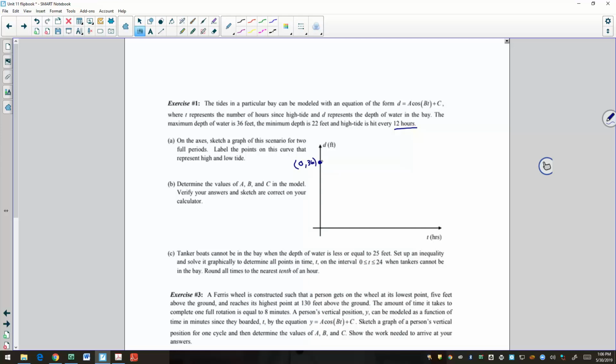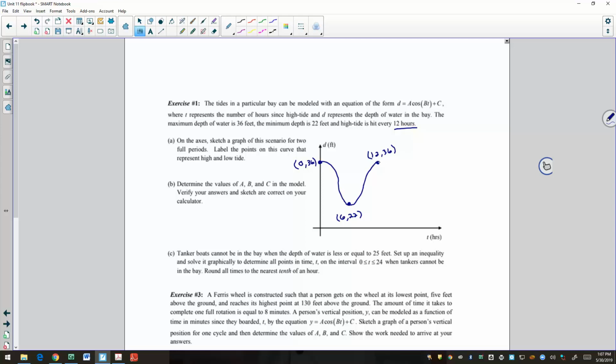And we're going to see one complete curve every 12 hours. So I'm going to end up here at (12, 36), because 12 hours will have gone by, which means my lowest point is going to be down here at (6, 22). So it's going to look something like this.